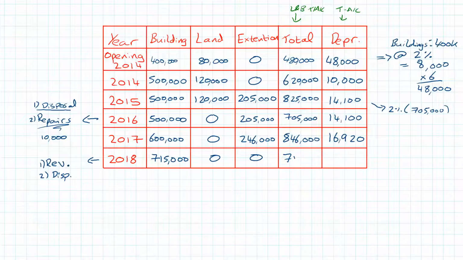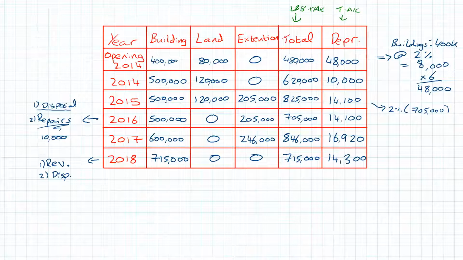So our total value is 715,000. So 715,000 at 2% is 14,300. So our revaluation table is now complete, and we just have to fill in our T accounts with the data that we have.